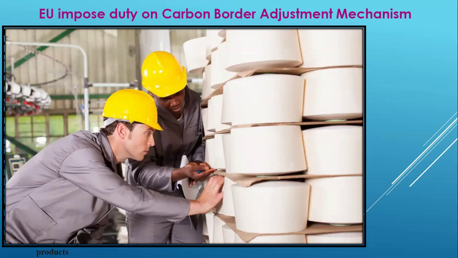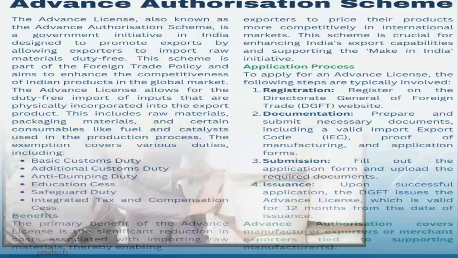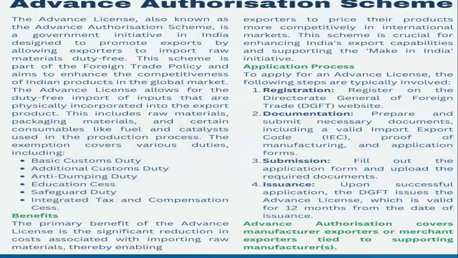Okay, so for example, any importer imports raw materials, and the cost of this raw material is 100 rupees. If the Indian government applies 30% custom duty on this raw material, it will become 130 rupees. So here 30 rupees is the cost which the government reduces by giving advance authorization. After all, the final product will be manufactured, and this final product will be exported to the other country.